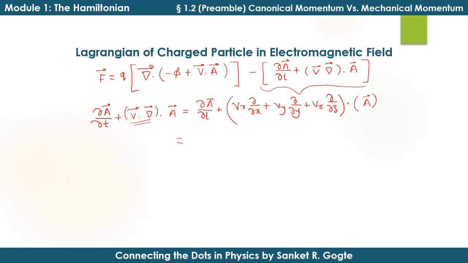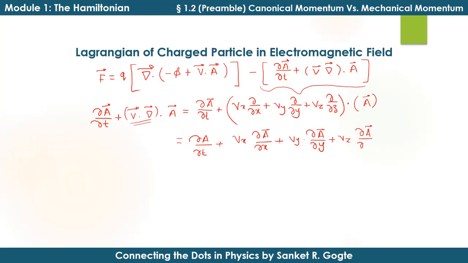This is equal to dou A by dou T plus Vx into dou A by dou x plus Vy into dou A by dou y plus Vz into dou A by dou z.